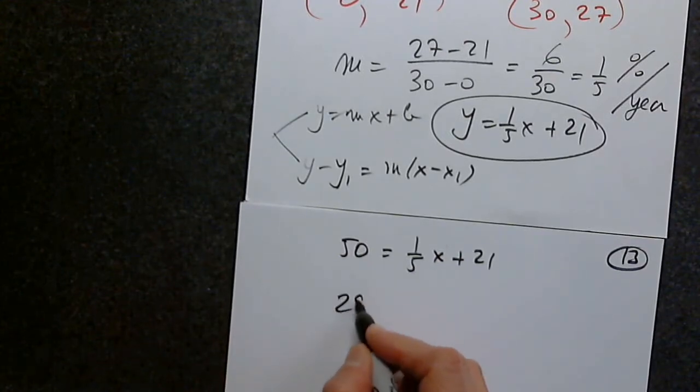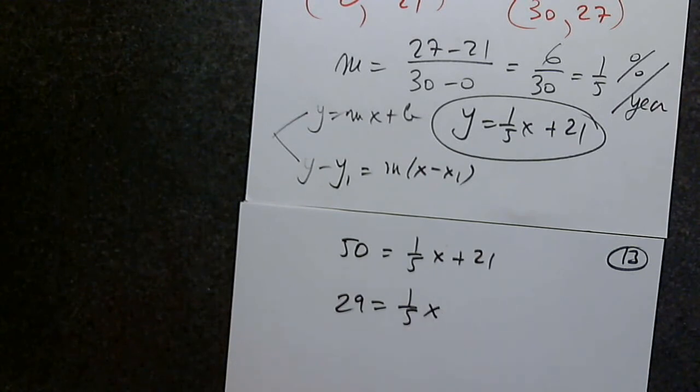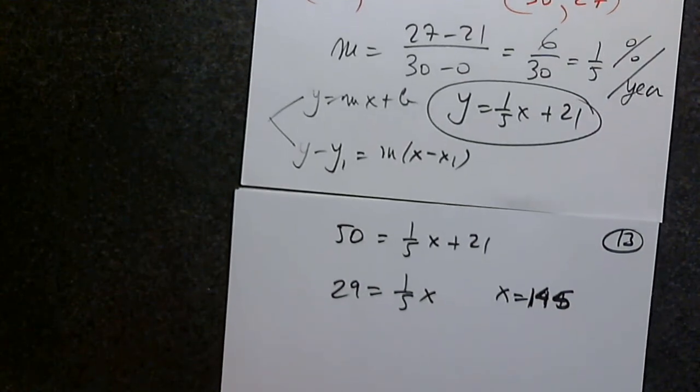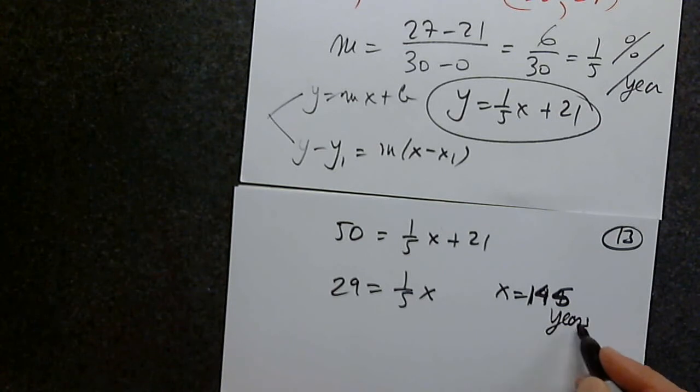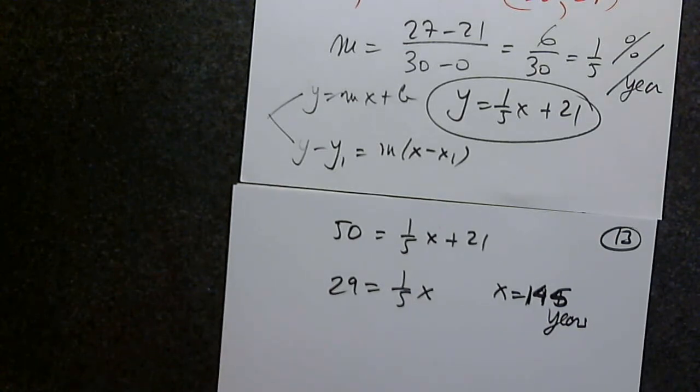Subtract 21, so 9 equals 1/5 x. Multiply by 5. x equals 45. Am I correct? Okay, years. So it's going to take a long time if the model is still true, if only 0.2% become liberal per year.